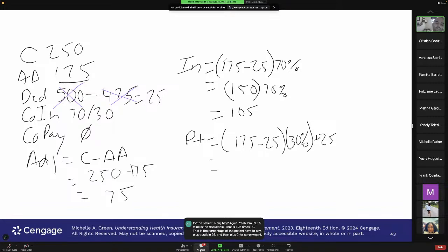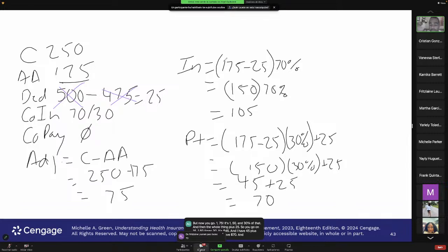So now you go, 175 minus 25 is 150, and 30% of that, and then the whole thing plus 25. So you go 150 times 30% is $45. So now you have 45 plus deductible of 25, you have $70.